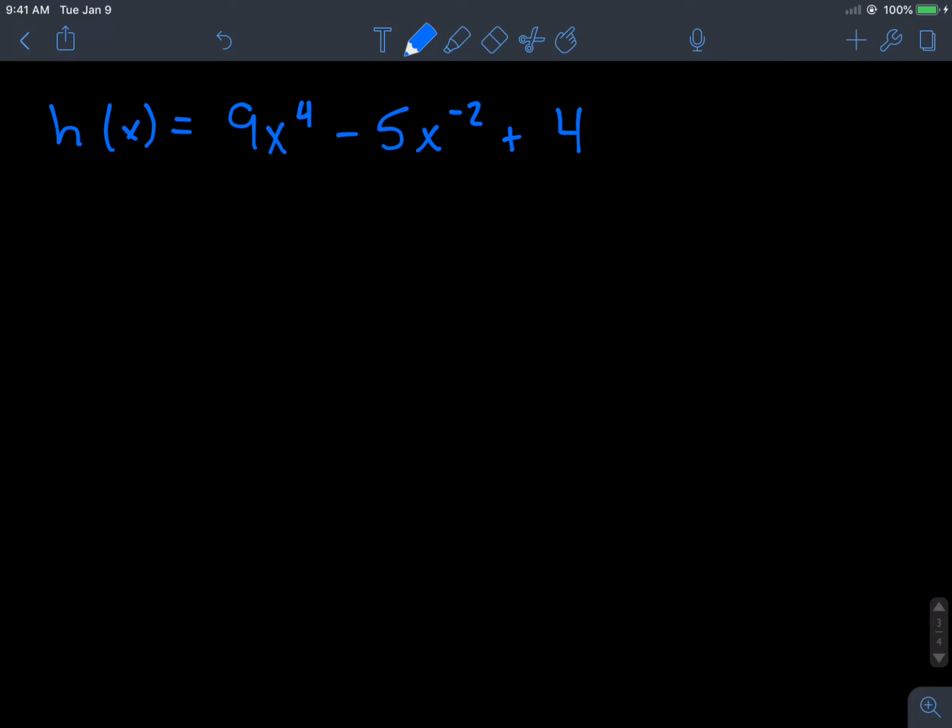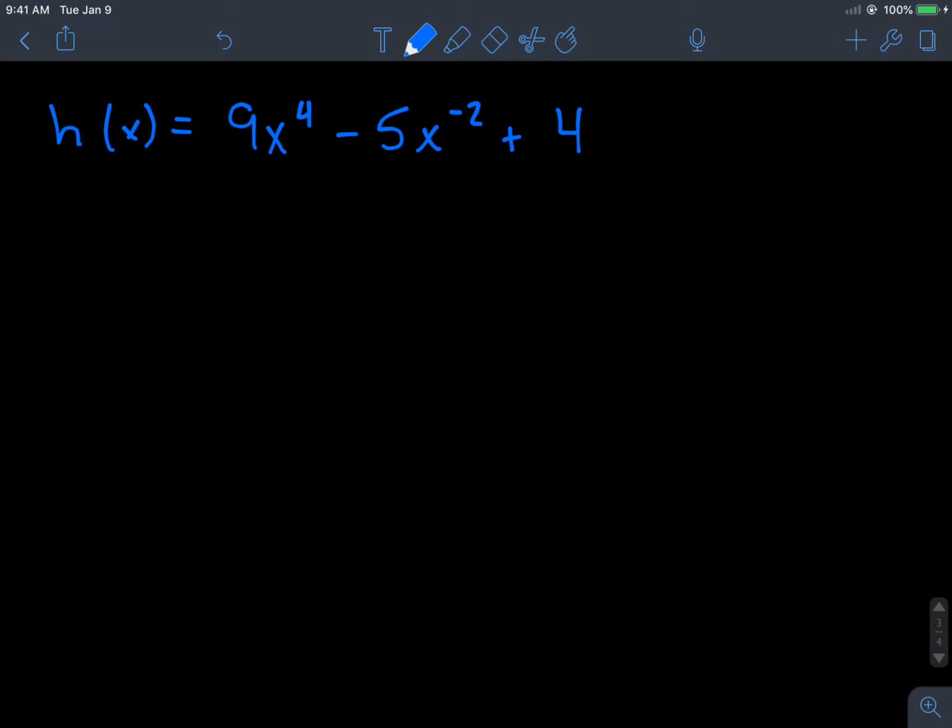On to our final example. h of x equals 9x to the 4th minus 5x to the negative 2nd plus 4. Do we have real number coefficients? 9, negative 5, and 4, so yes, we do. Do we have whole number exponents?